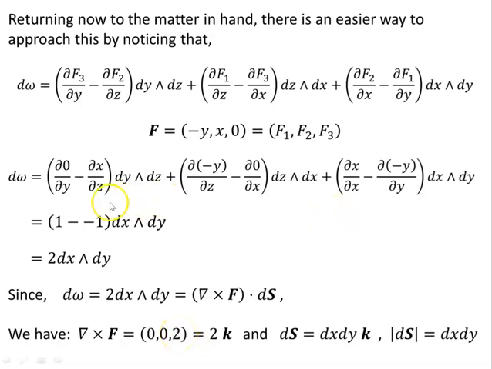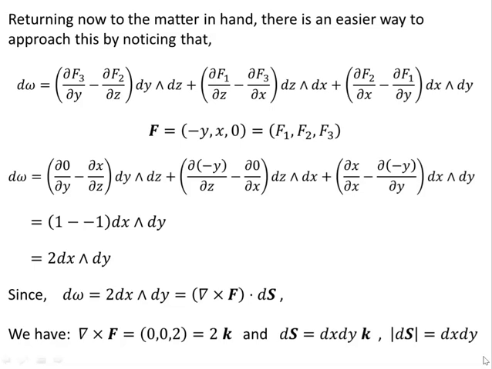All right, think about it. 0, 0, 2. So we get 2 in the k direction, and ds becomes dx dy in the k direction, and then the magnitude of this vector ds is simply the area scalar dx dy.